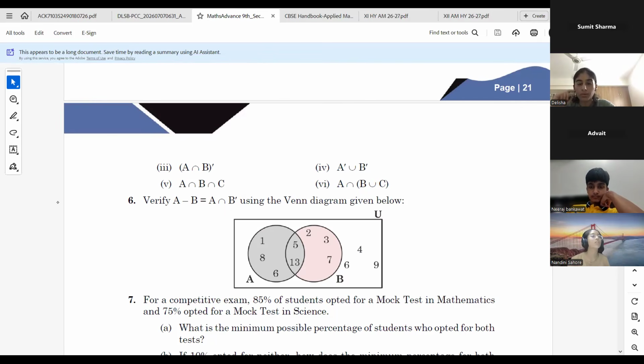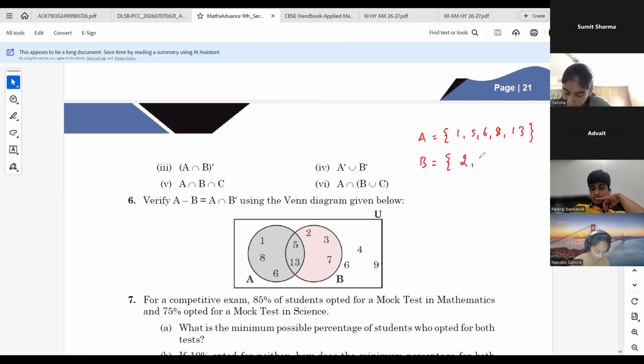So here you can see, first of all, write down the set A from this one. It contains these elements 1, 5, 6, 8, and 13. These are the elements in A. Then B is 2, 3, 5, 7, 13.